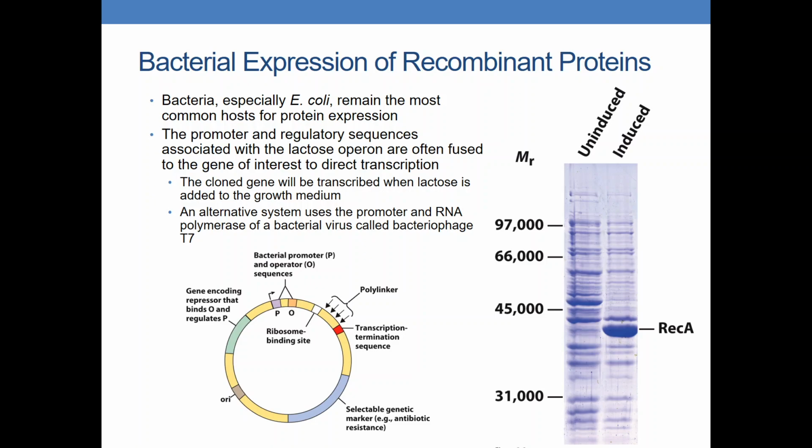So lactose or a lactose analog is my inducer. When I add in lactose, my cells know to turn on production of everything in here and start making my protein. Now, let me give you the actual description of what this looks like.